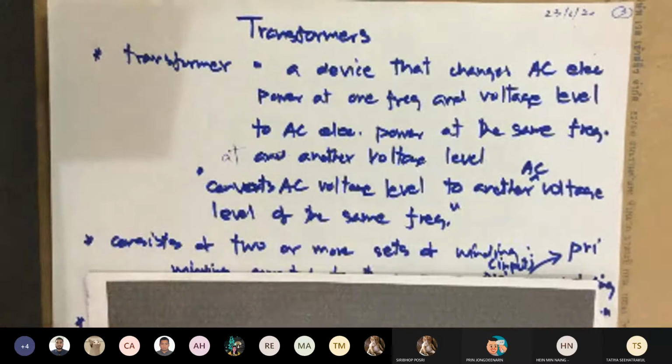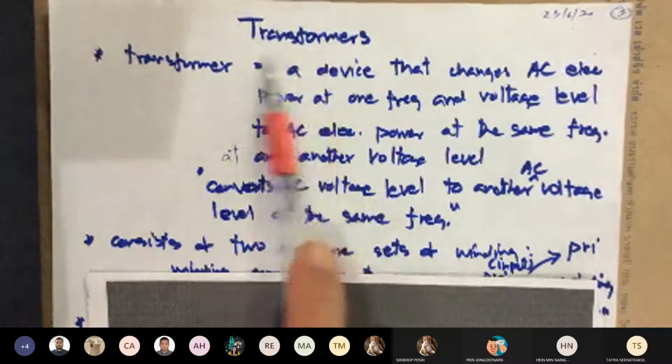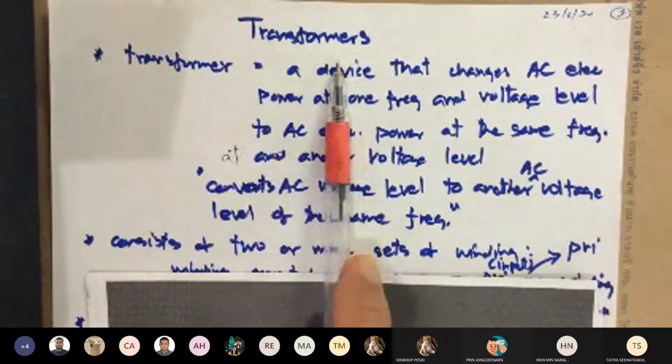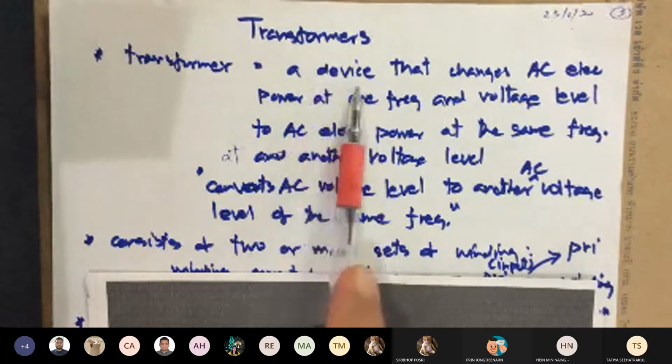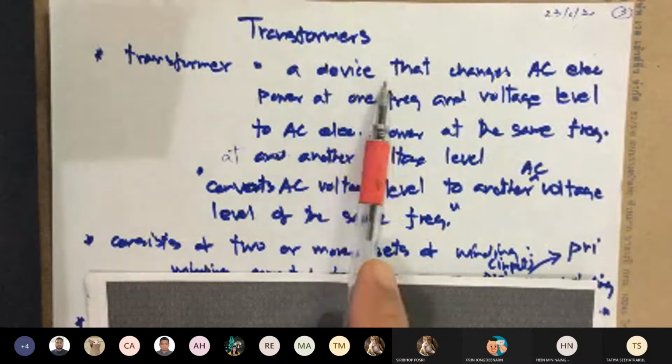There are devices that do perform DC voltage level variation, step up or step down, but remember, we do not call them transformers. Whenever you hear the term transformer, it is AC equipment, always.